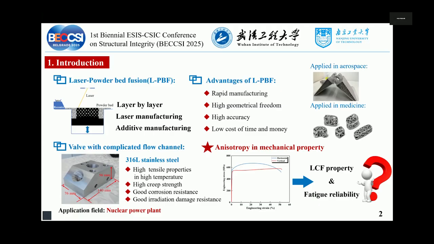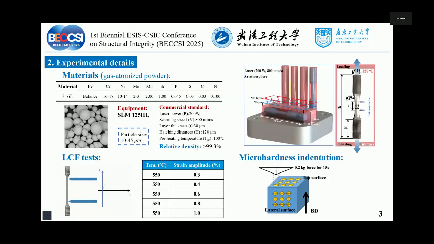Besides, the low cycle fatigue, which is very relevant in nuclear plants, the LCF property and the corresponding fatigue reliability are also different for different building directions. So we have conducted many tests on this material.